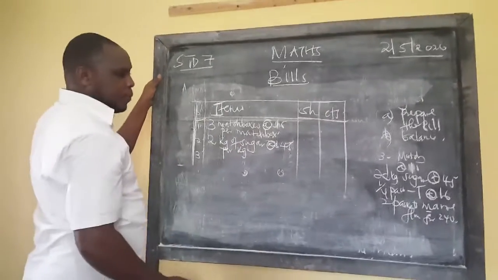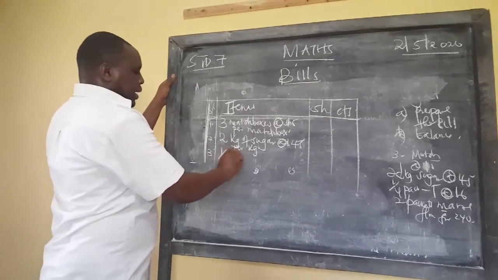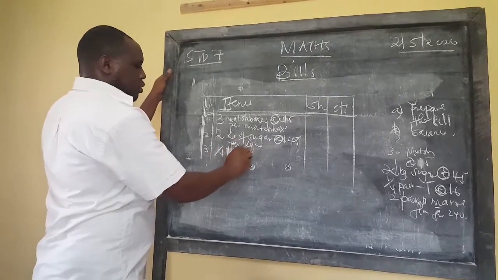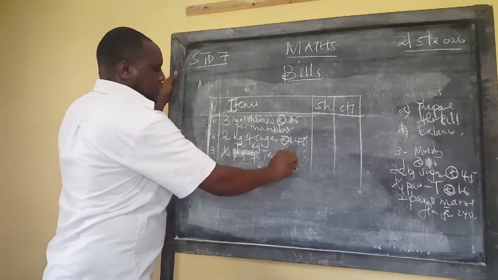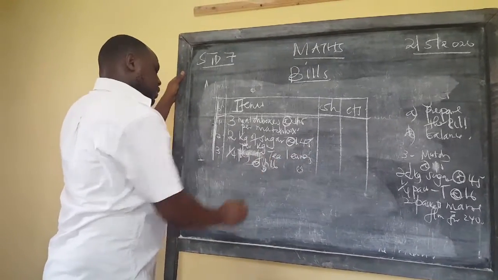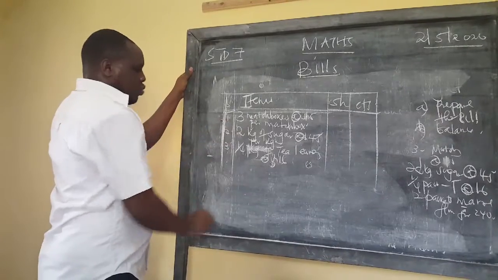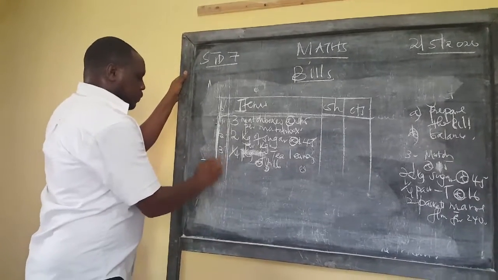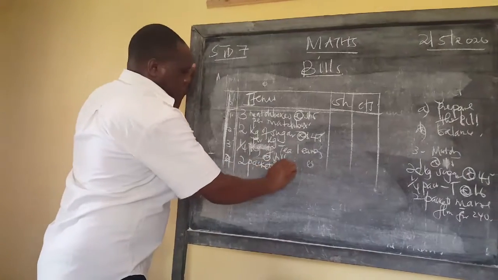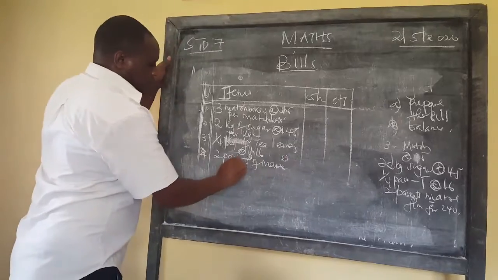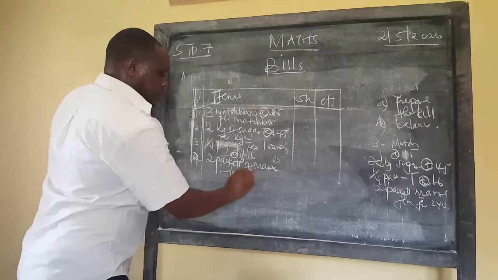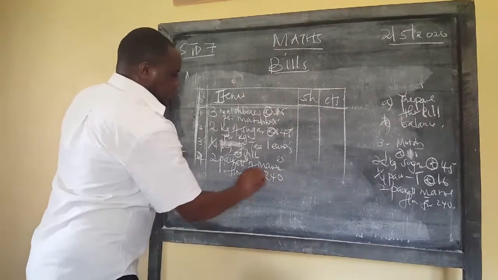Then number 3, a quarter kg packet of tea leaves at 16 shillings. Then lastly, number 4, 2 packets of maize flour at 240 shillings.